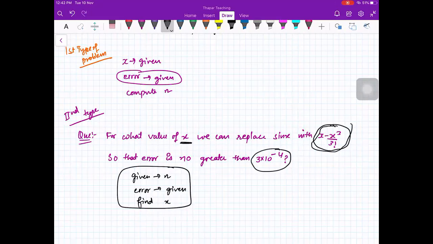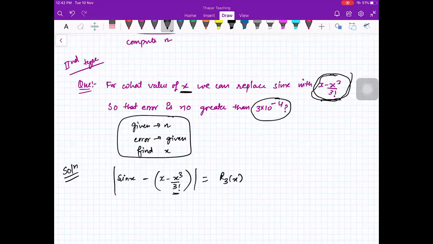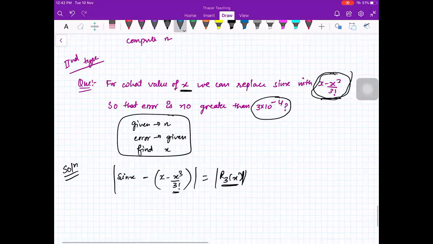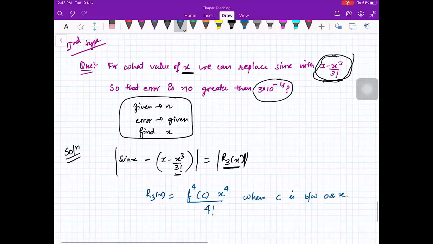So again here you will say, you are approximating sin x with x minus x cube upon 3 factorial. So this is equal to R3(x). Clear? Because you are using up to 3 factorial. Fine. So now what is R3(x)? R3(x) will be the fourth derivative at c into x raised to power 4 upon 4 factorial, where c is between 0 and x.